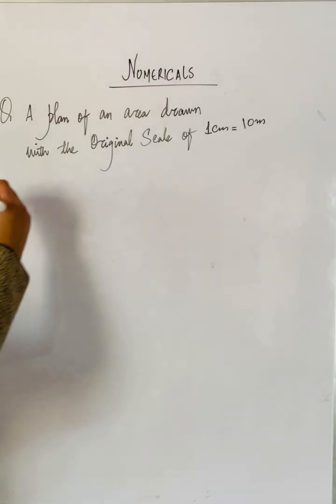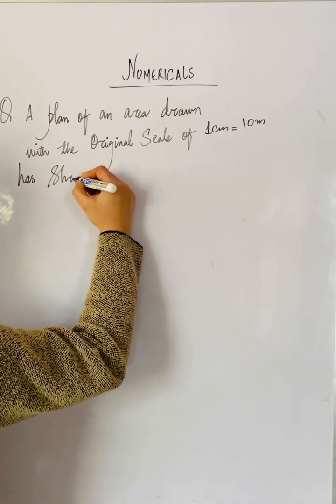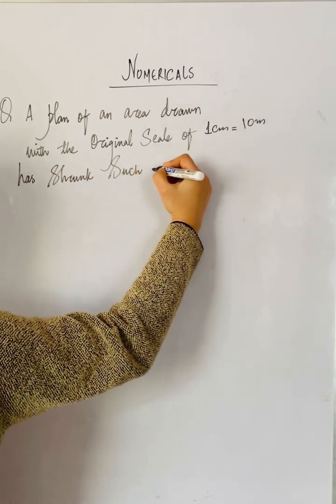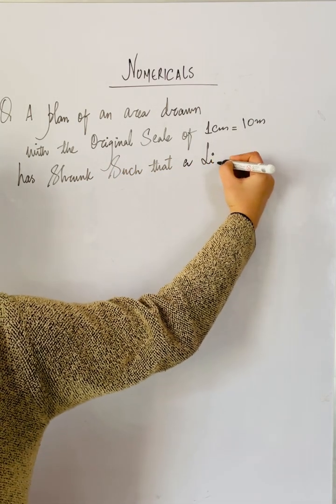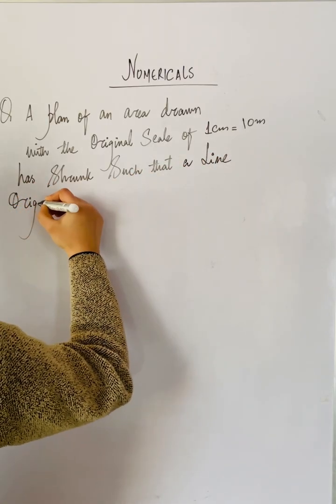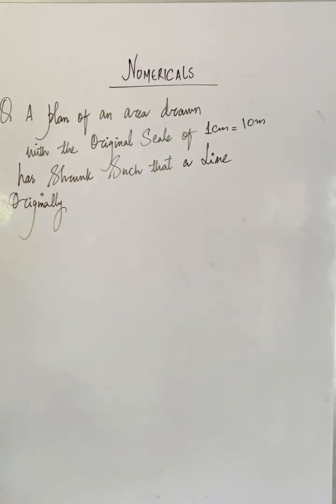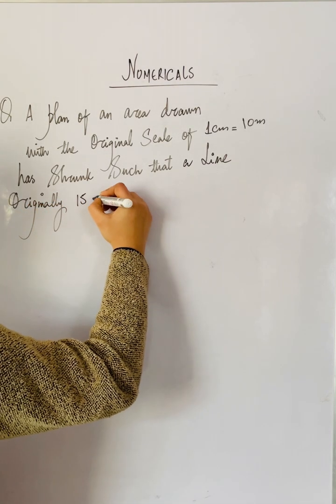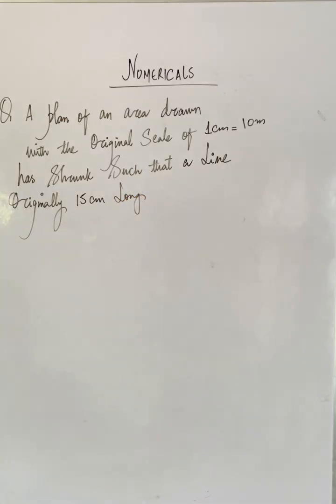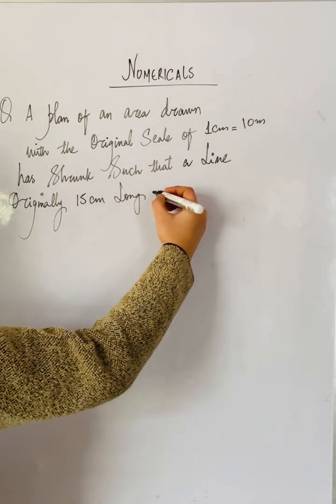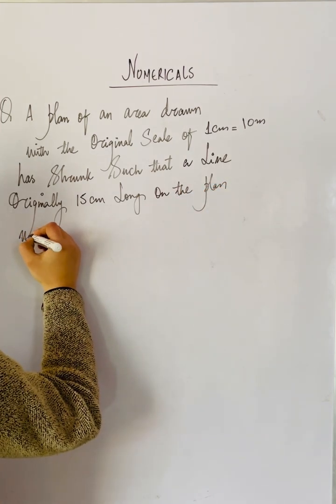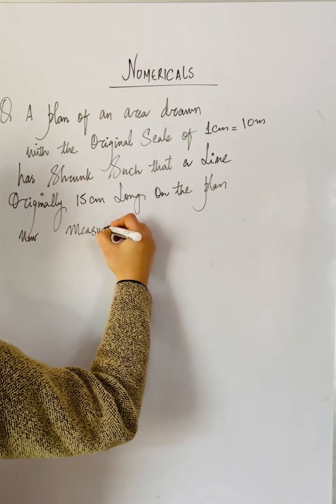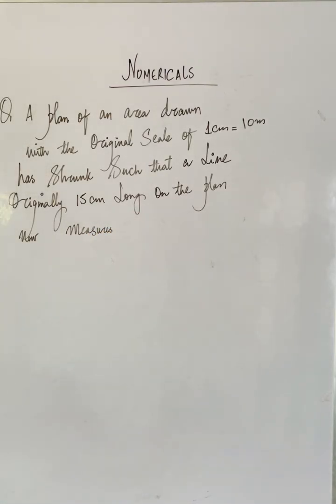Has shrunk such that a line originally 15 centimeters long on the plan now measures 14.5 centimeter.